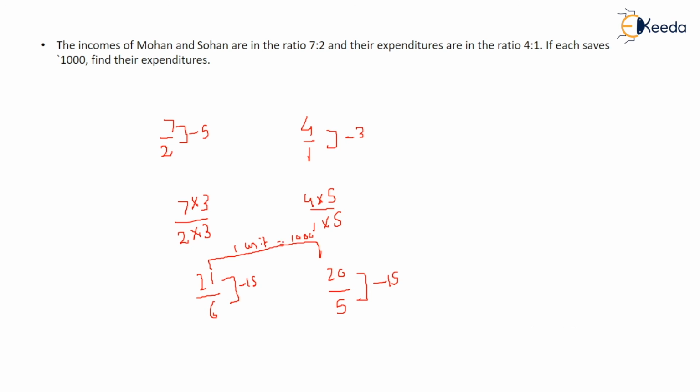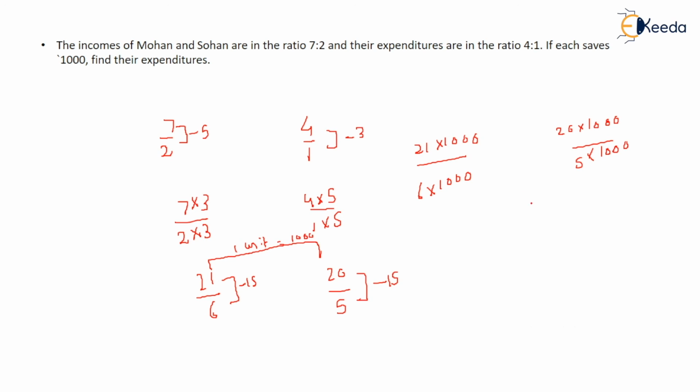So you have to multiply this 1000 on all sides, so that comes out to be 21 into 1000 and 6 into 1000. Similarly, expenditure 20 into 1000 and 5 into 1000.